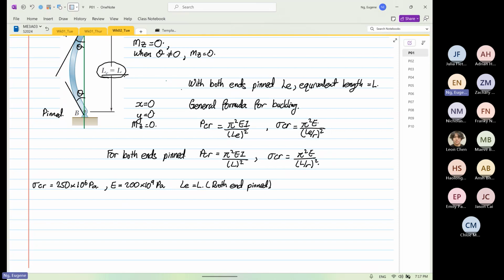So when we calculate, we apply the formula where the critical stress is equal to pi squared E over (L over R) squared.